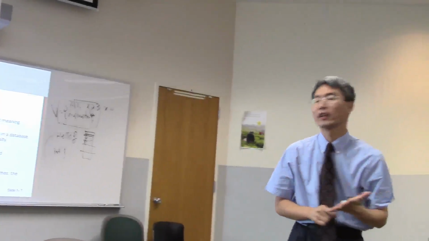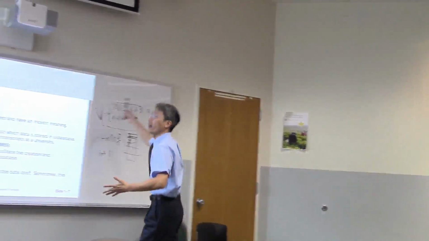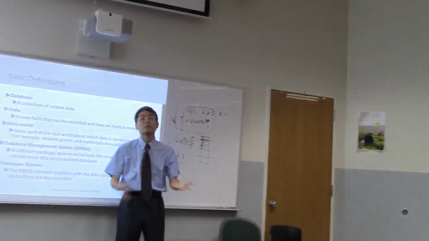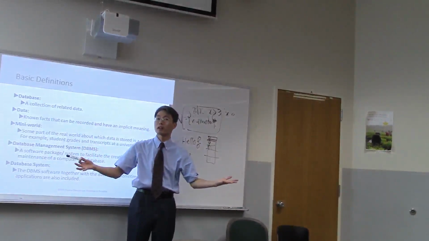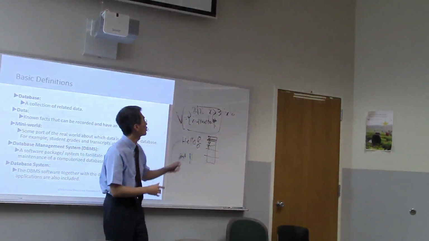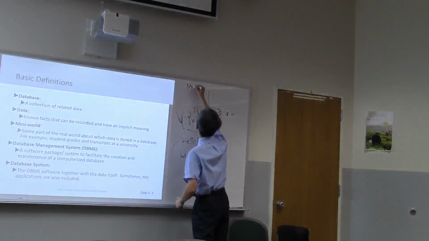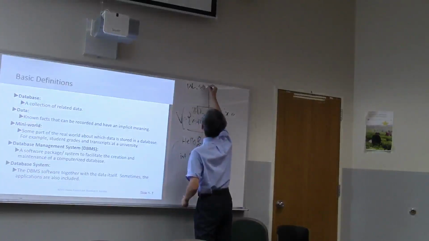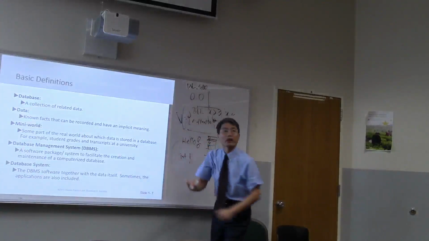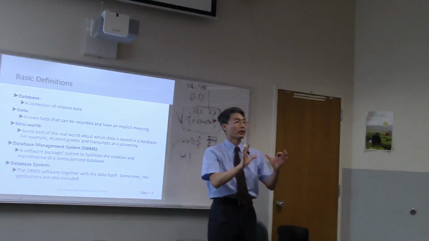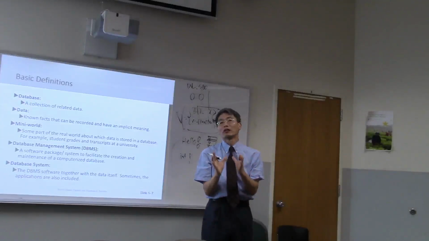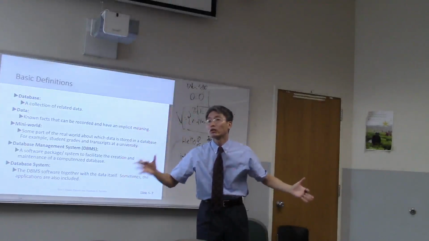However, unfortunately, in the database area, in this class, and still in the market, they use a different model. At the programming level, or the software engineering level, the object-oriented model is popular, the majority.